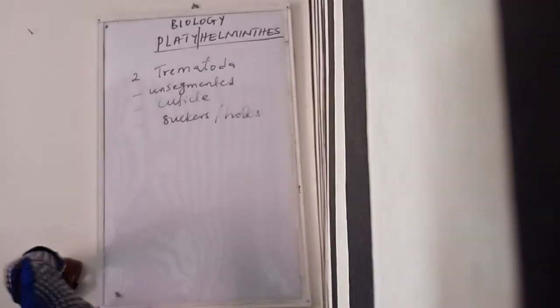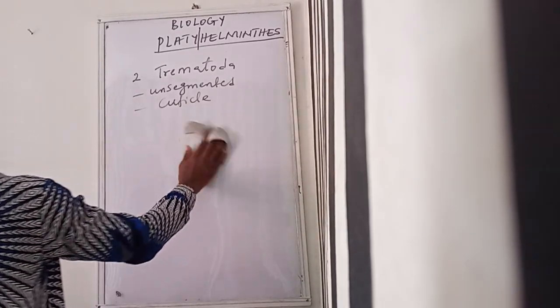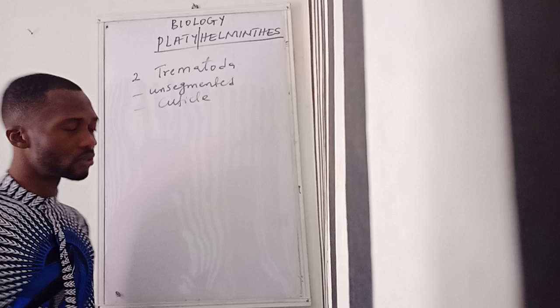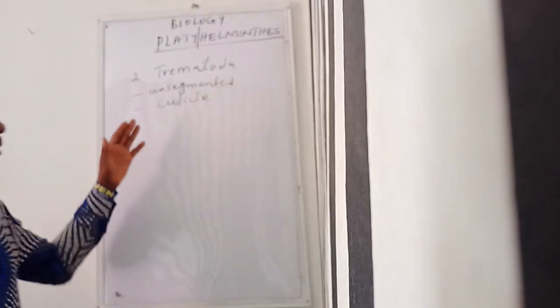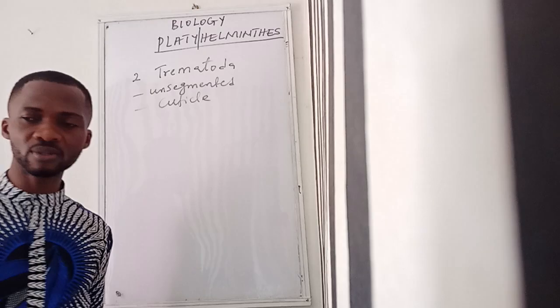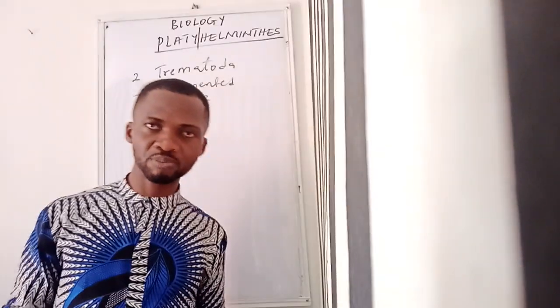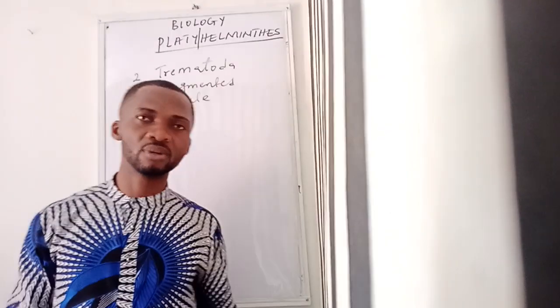Let me explain this too. So when it comes to Trematoda, one major thing you should know about them is that the body is unsegmented, unlike the body of the tapeworm, which is segmented, and each of the segments is called a proglottid.